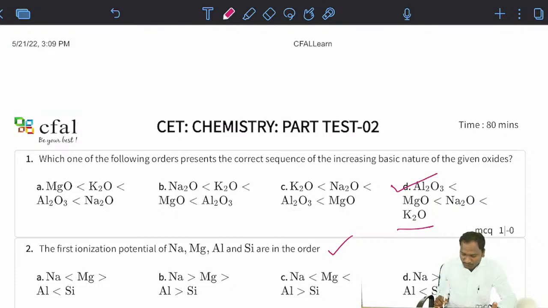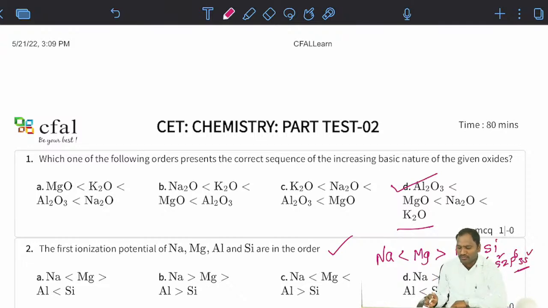If you see, sodium, magnesium, aluminum, silicon, these are third period elements. In case of magnesium, there is an exception because it is having 1s2, 2s2, 2p6, 3s2 configuration. So here we have to remove electron from s orbital and it is completely filled.